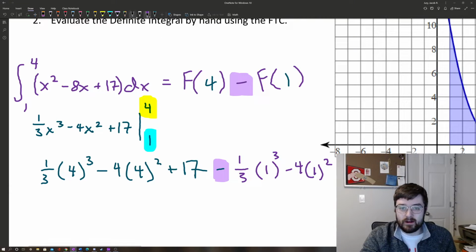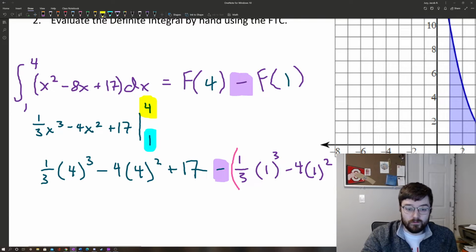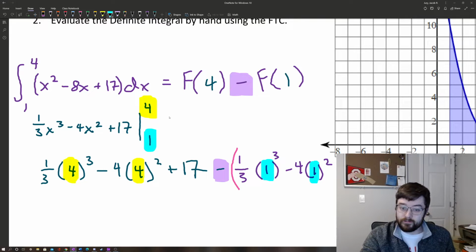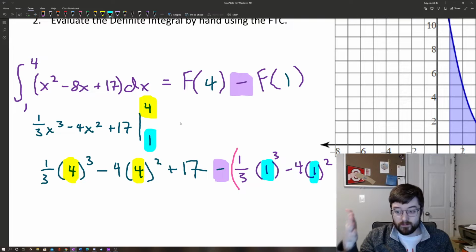What we have to be careful of, if we are going to evaluate this by hand, is that we need to use parentheses because we are subtracting, and we want that subtraction to apply to everything. And so before we move on here, because we already know the answer to this problem, I want to make sure that you know that I did use that 4 and that 1 to evaluate my indefinite integrals at a certain point.